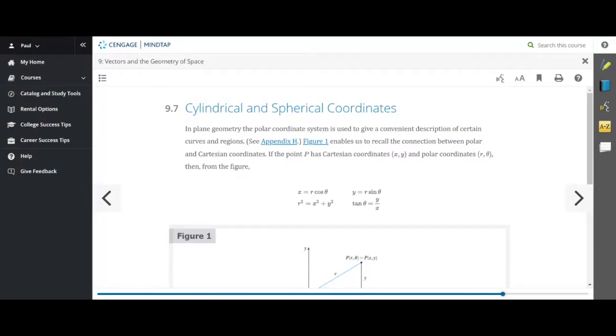So the idea here is analogous for three-dimensional space. We have the x, y, z coordinate system, but sometimes other coordinate systems are more convenient, hence cylindrical and spherical coordinates. We're going to do cylindrical coordinates first.